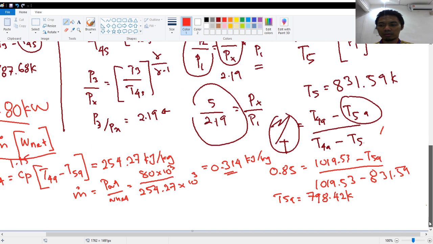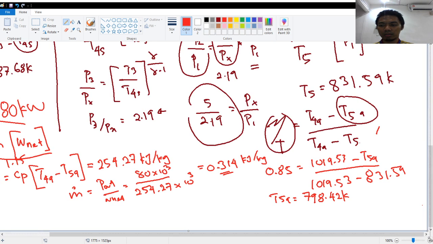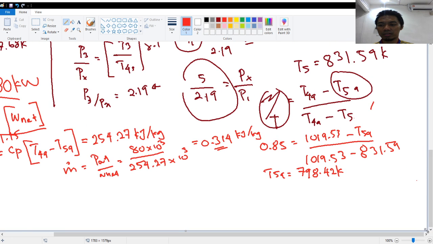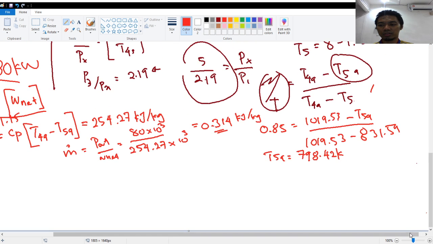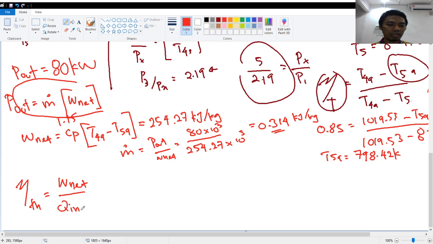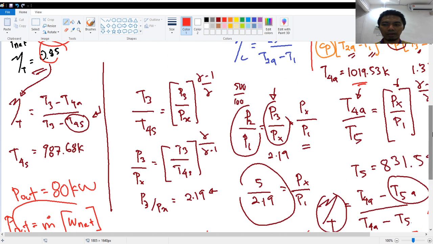The last one, the question asks you to find the thermal efficiency. So how do you do that? Thermal efficiency equals work net divided by heat Q in. Where is your Q in on the TS diagram?